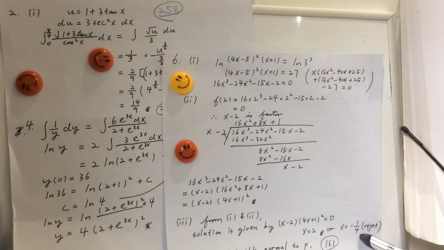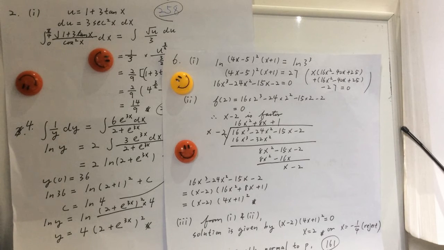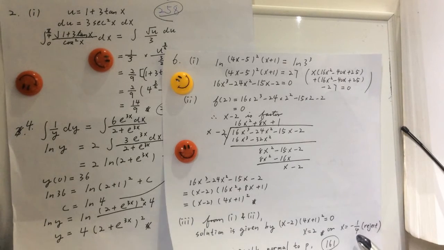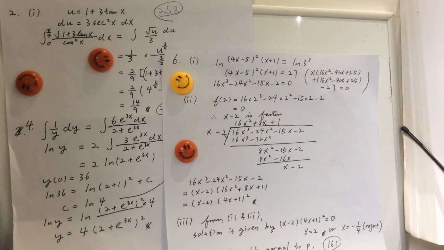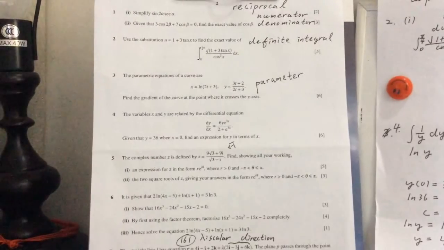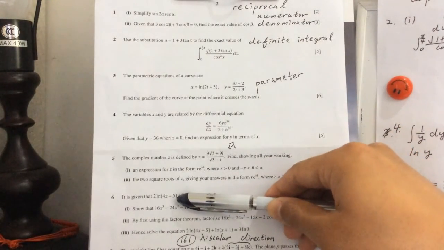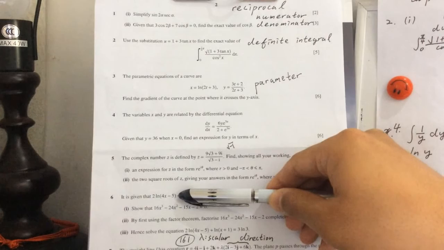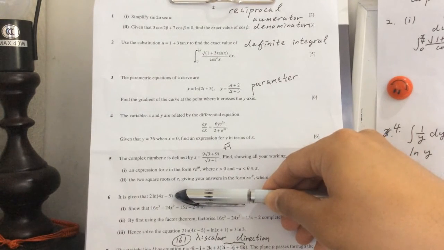This one we have to reject because, according to the logarithm, log x requires x to be greater than 0. When x equals negative 1/4 and we put it back into the function, the value inside the bracket becomes negative, which is invalid for logarithms.